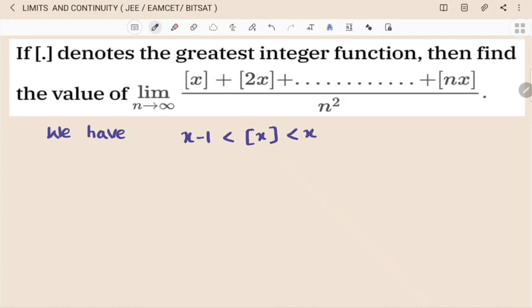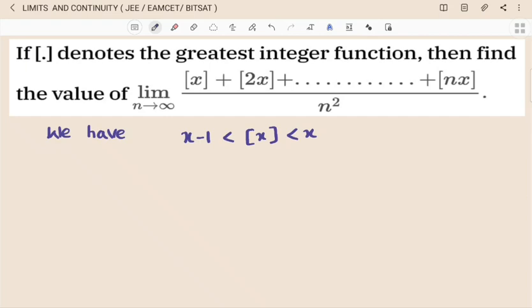This is the important property about the greatest integer function. But here I want [x] plus [2x] plus and so on [nx], so in place of [x], I am taking [nx].